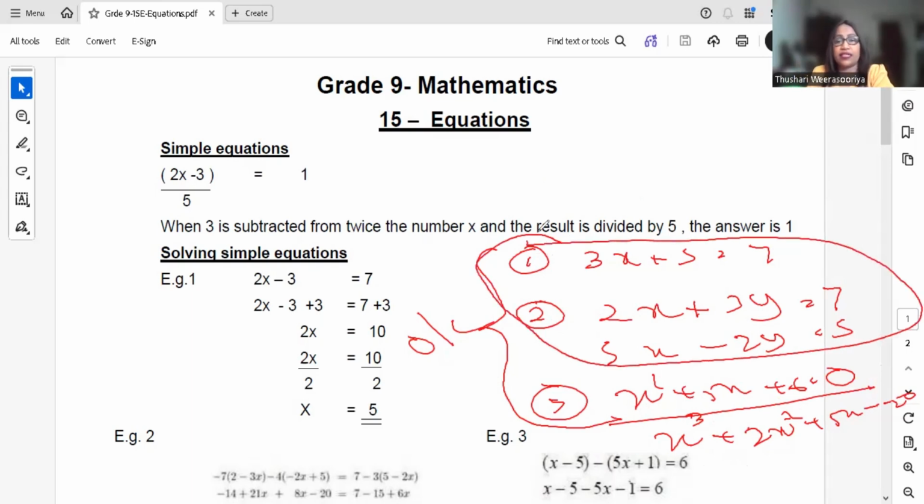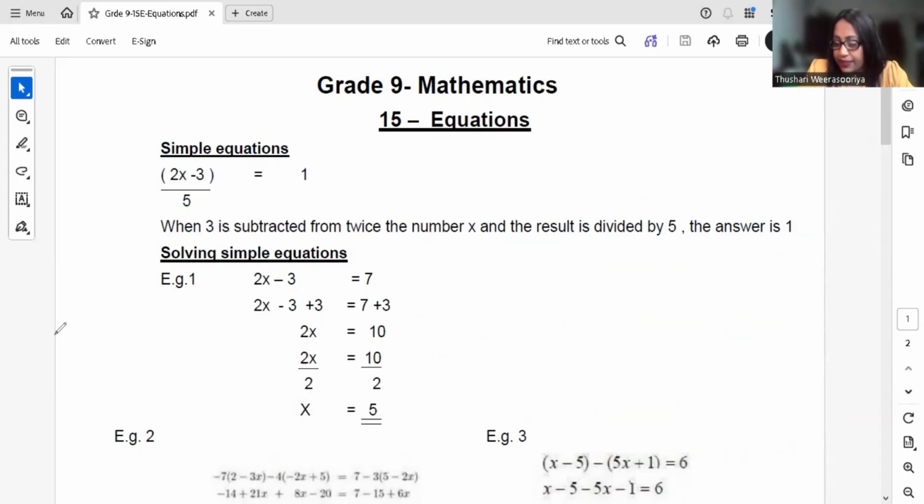Now we go to the simultaneous equations. Now, as I said, simple equations. I'll take this example. Example 1. 2x minus 3 equals 7.